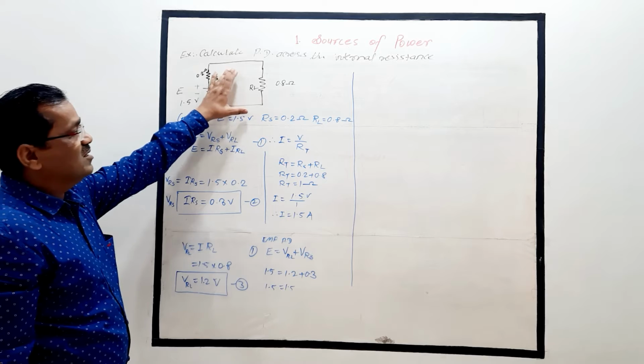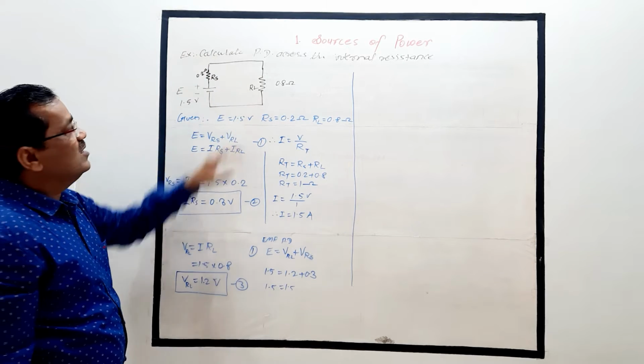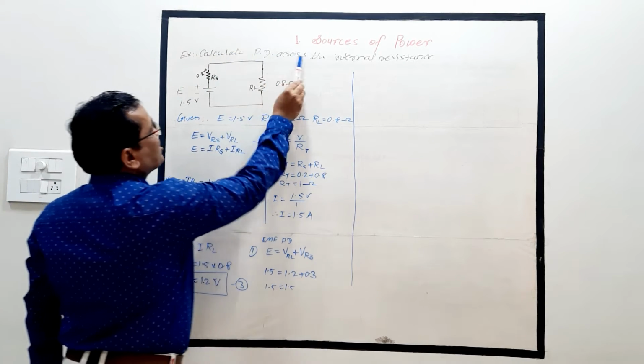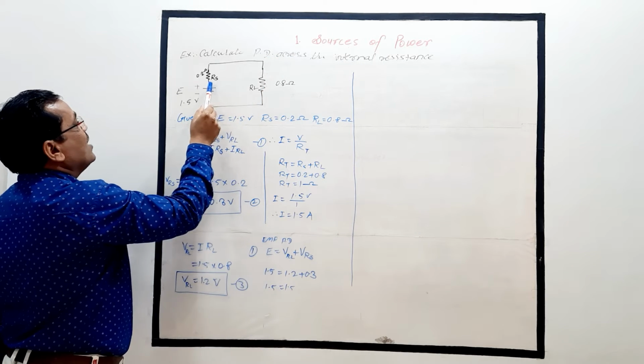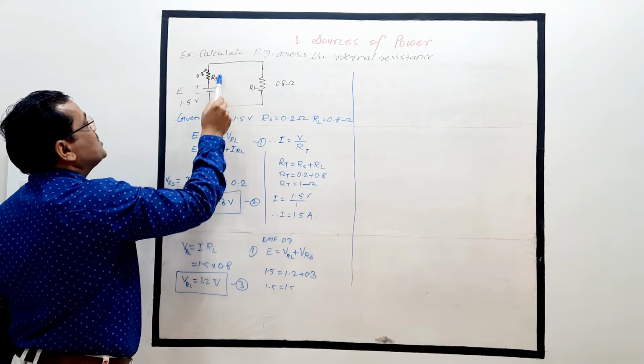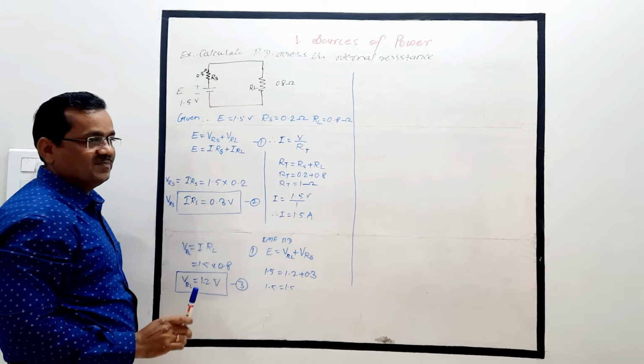From this circuit, we have to calculate the potential drop across the internal resistance. That means, what is the potential drop across this resistance?